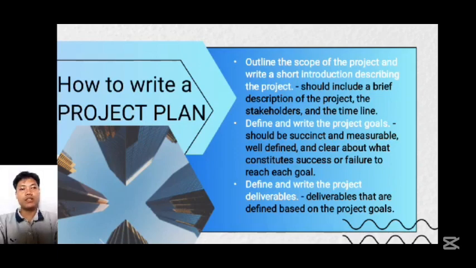The third one is to define and write the project's deliverables. Deliverables are defined based on the project goals. Project deliverables are the concrete results or outputs that projects produce to achieve their objectives.